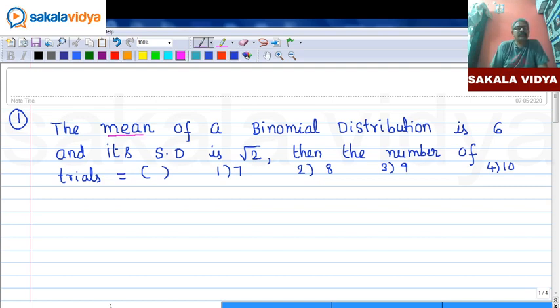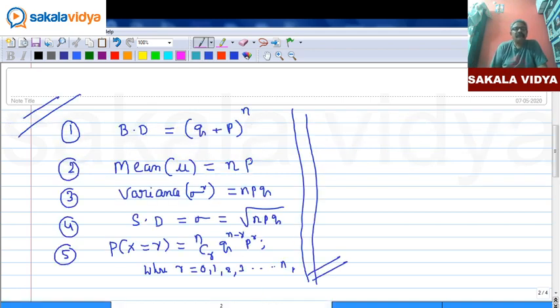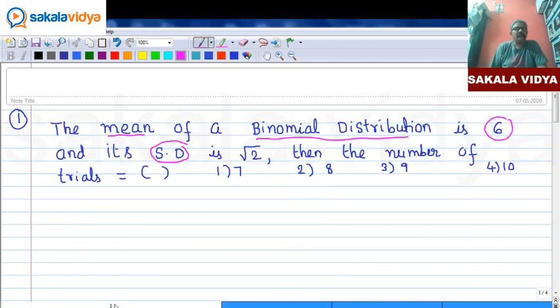See, the mean of the binomial distribution is given, that is 6. Standard deviation is also given and we need to find out the number of trials. What is mean? Mean is equal to np. Standard deviation is root of npq. So, with the help of these two values we need to find out n. Solution: given mean, n into p equals 6, equation 1.